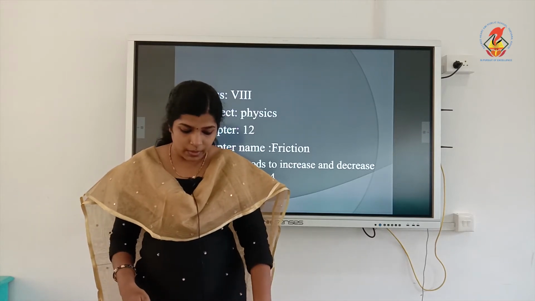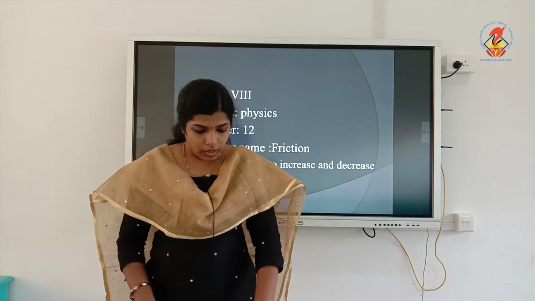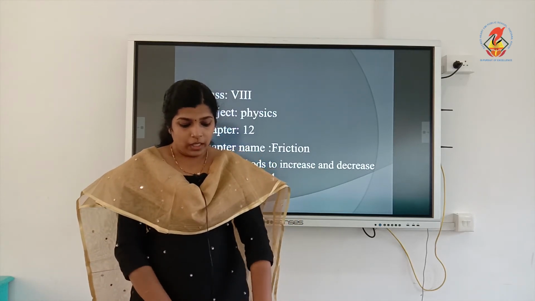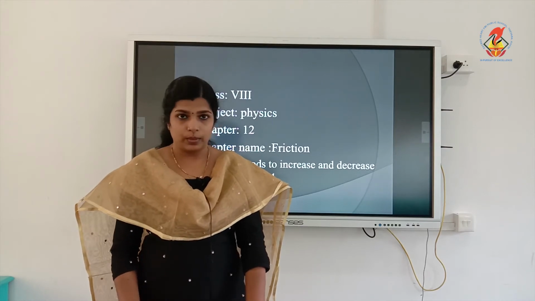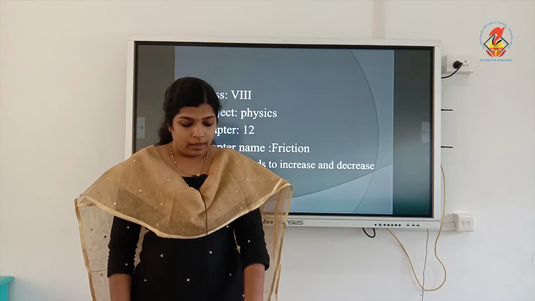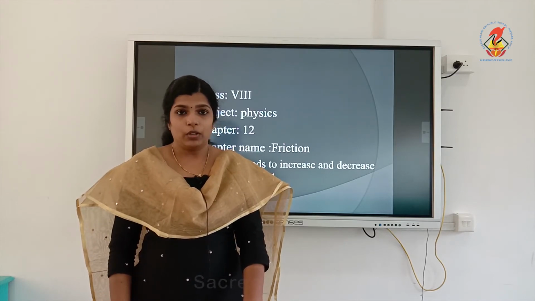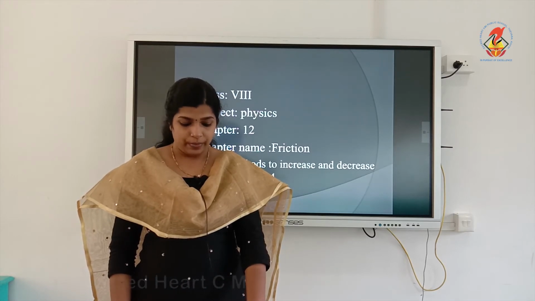Many examples are given in your textbook. Why are the soles of your shoes grooved? It is done to provide the shoes a better grip on the floor so that you can move safely.